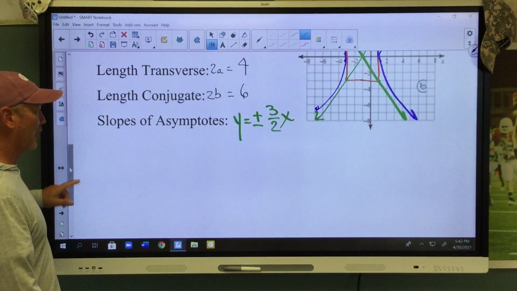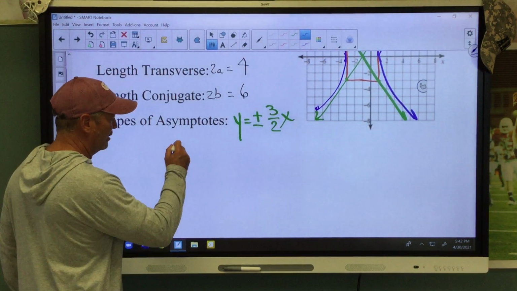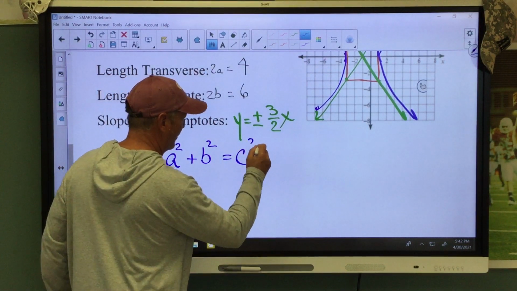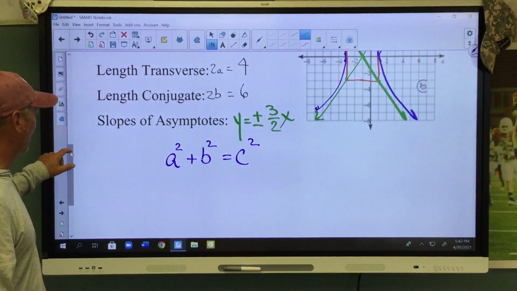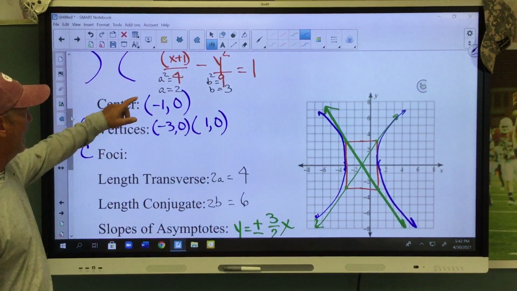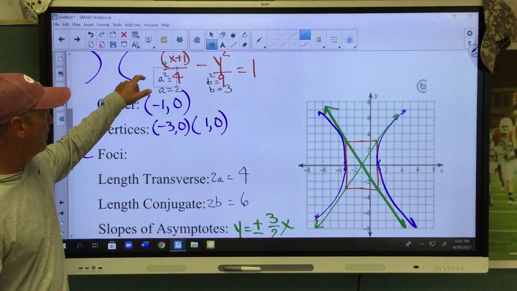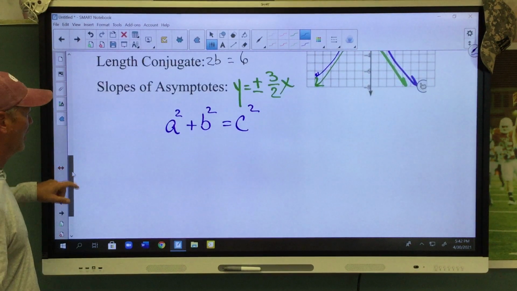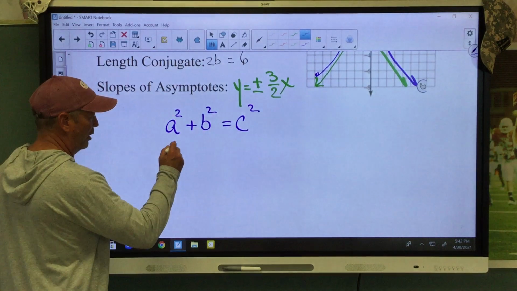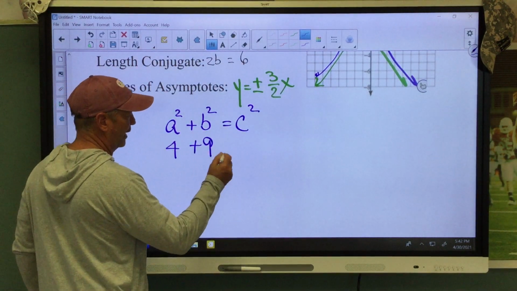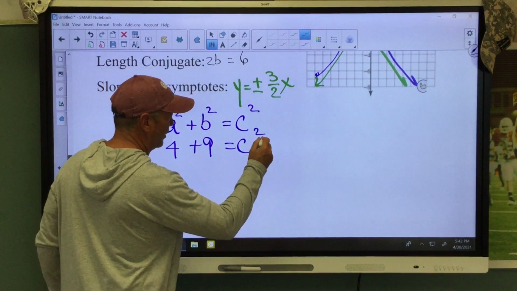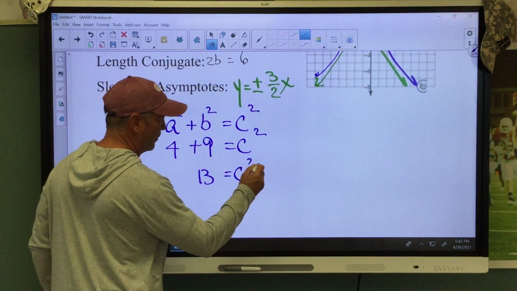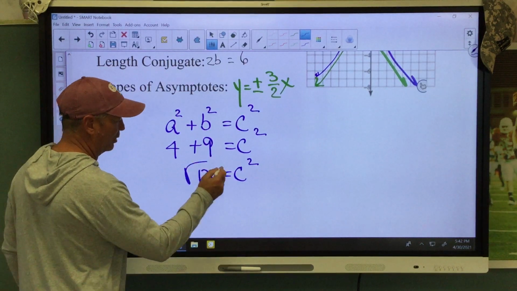So to do this, our equation says a squared plus b squared equals c squared. Look at your a squared and your b squared. A squared was 4, b squared was 9. So you're going to tell me that 4 plus 9 equals c squared. You're going to tell me that 13 equals c squared. And you're going to take the square root.